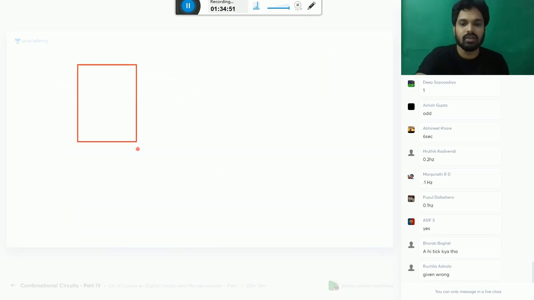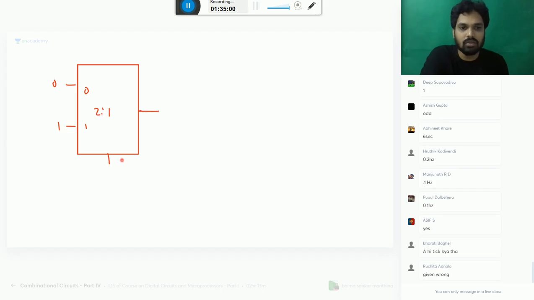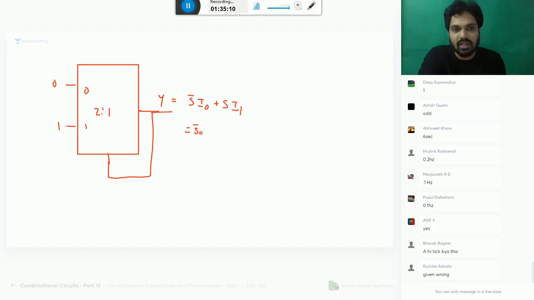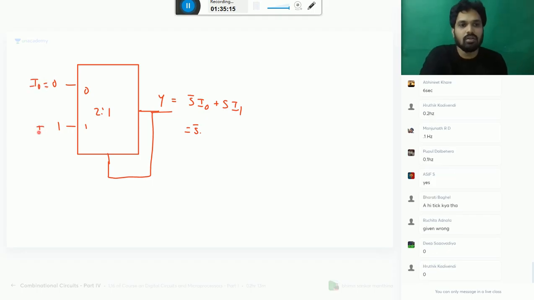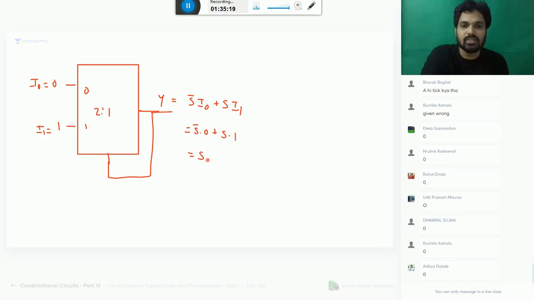If you have a mux, if 0 is connected here, 1 is connected to the 2 by 1 mux. What is your y? Y equal to S bar I0 plus S into I1. What is I0 here? Tell me friends, what is I0? I1 is 1. Yes, this is what we call a buffer.